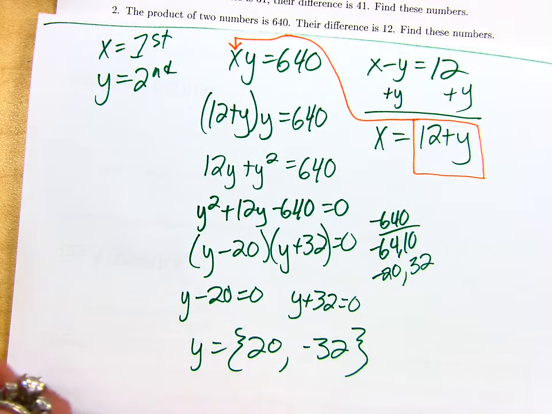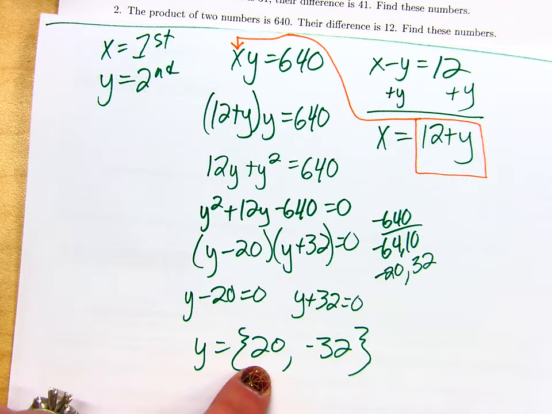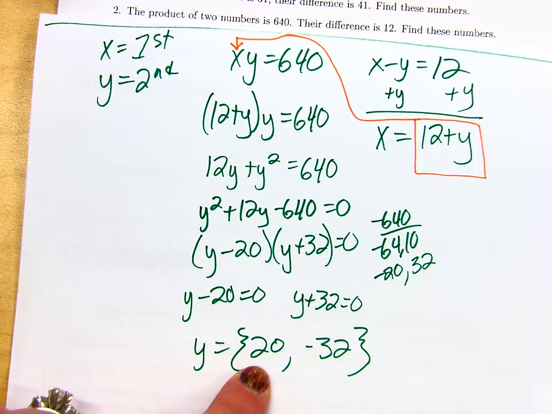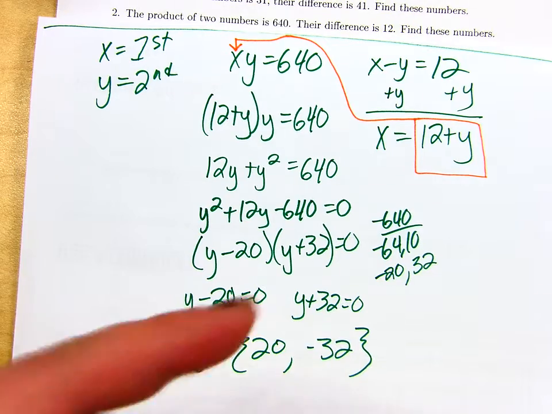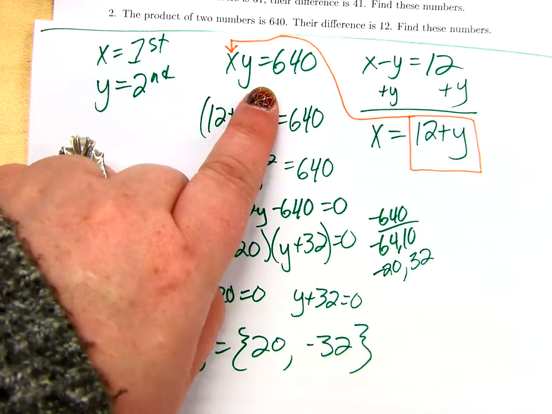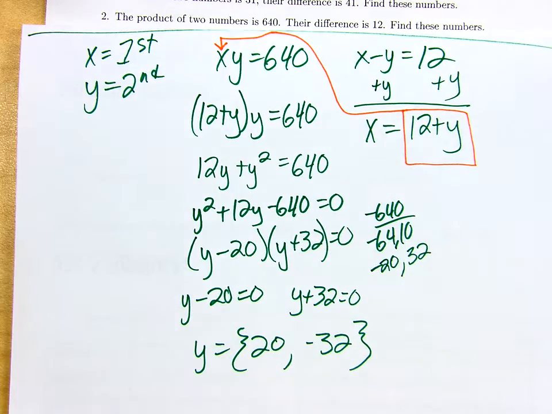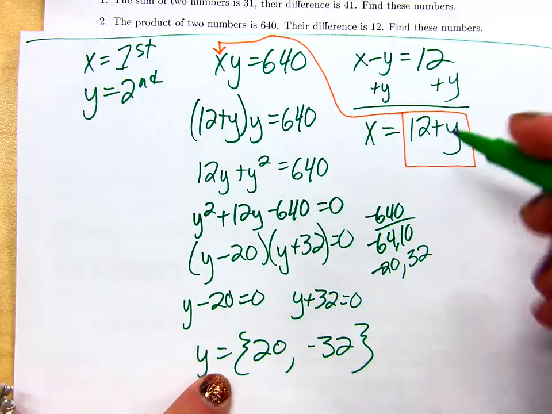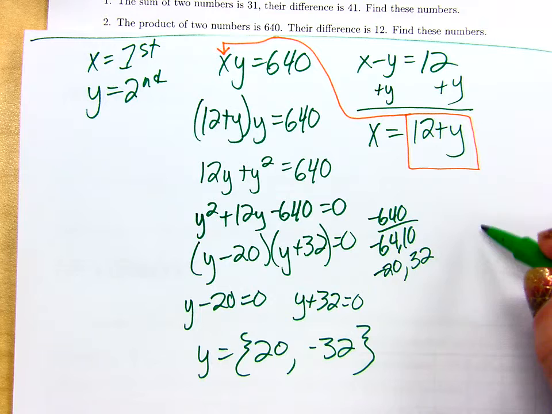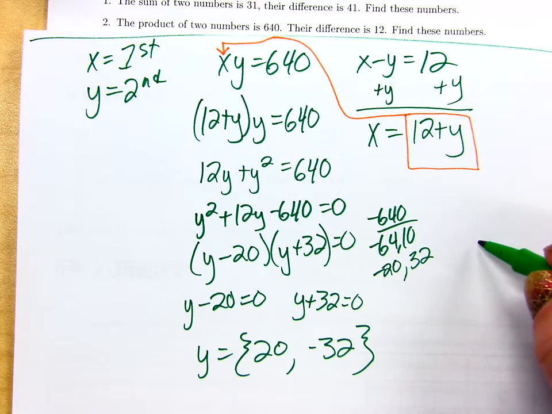So, here's what I have to do. I have to figure out what x would be if y were 20. And what if y were negative 32? Then what would x be? So all I have to do is go right here, because I have x already solved by itself. So if y were 20, what would x be? 32.